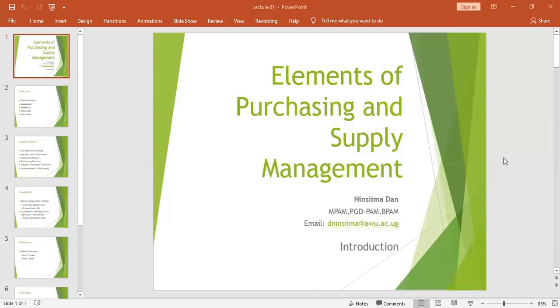Let us look at the actual components of specification. What is contained in the specification? Already I've said the specification is a detailed description of the goods and services required, and it forms part of an invitation to supply or invitation for expression of interest documents.